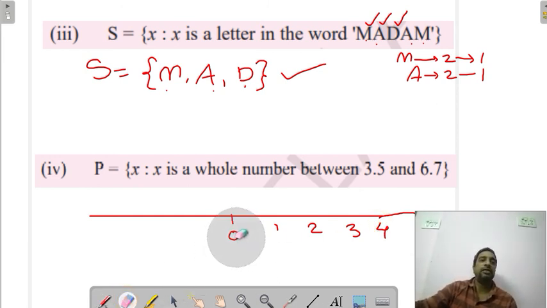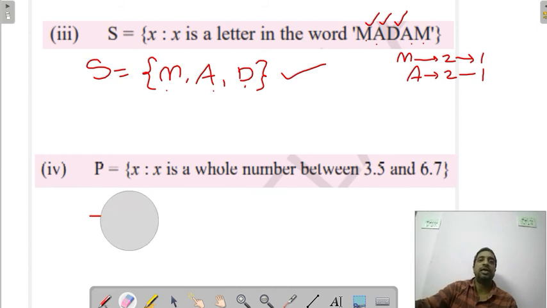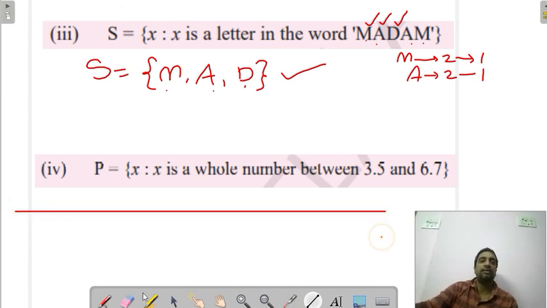Let me write all these on this side so that it is visible. All right. Once again I will draw. See, 0, 1, 2, 3, 4, 5, 6, 7, 8.